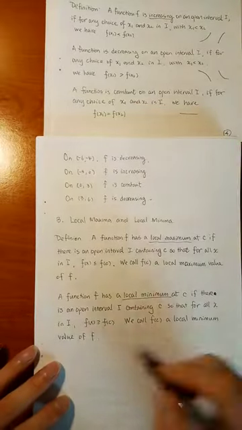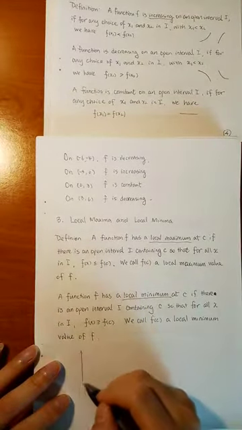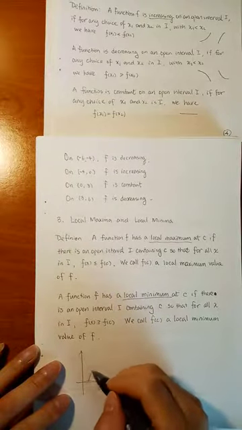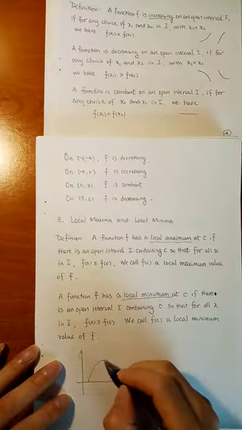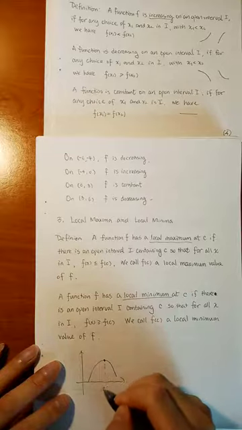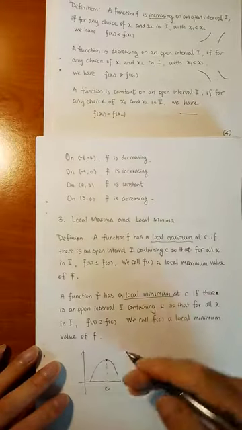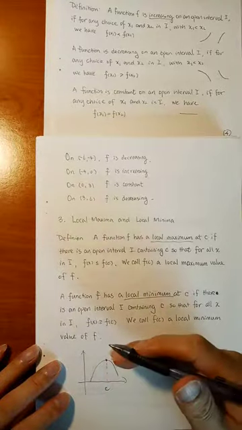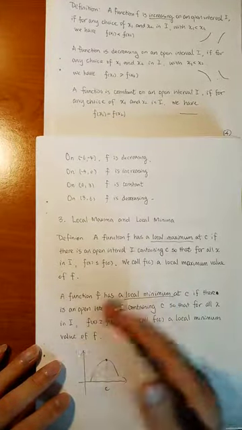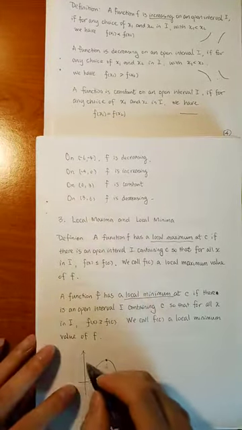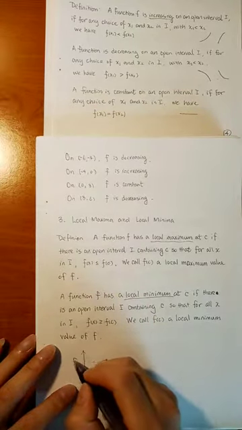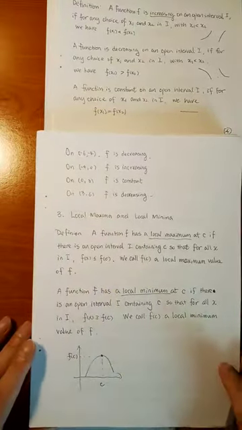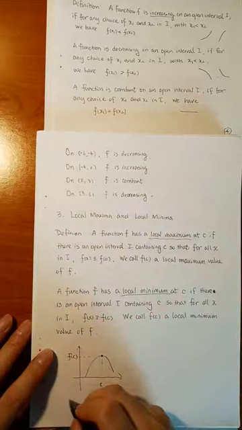From the graph, it will be very clear what is the greatest value around it. It's the highest point. The corresponding y-coordinate will be the largest value. If this point is the highest point in the neighborhood, then the corresponding y value is the greatest value. This is a local maximum.